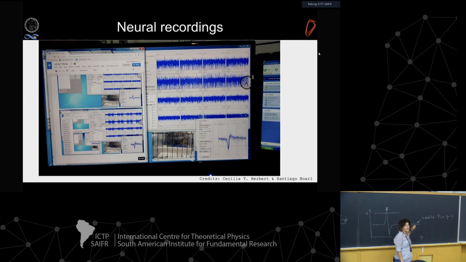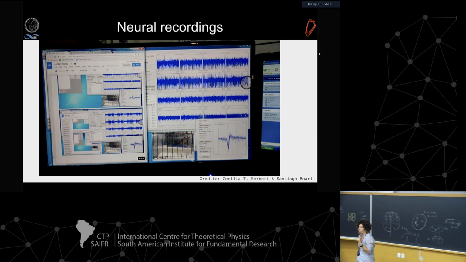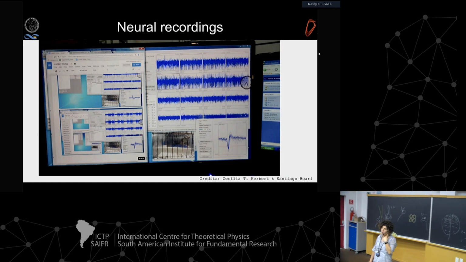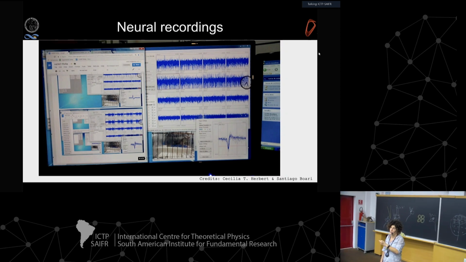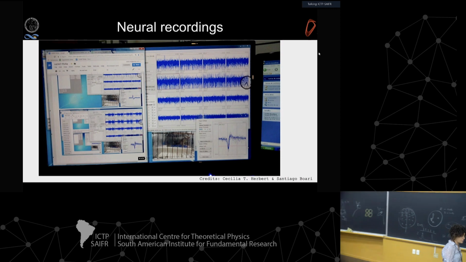So if you connect this to a speaker, whenever you see a spike, you will hear a click. And this is so cool, because we are visual animals, we humans are very visual, but when you start hearing, you can hear much more subtle differences than what you can see. And so when you're doing electrophysiology, you hear spikes, you don't look at spikes.